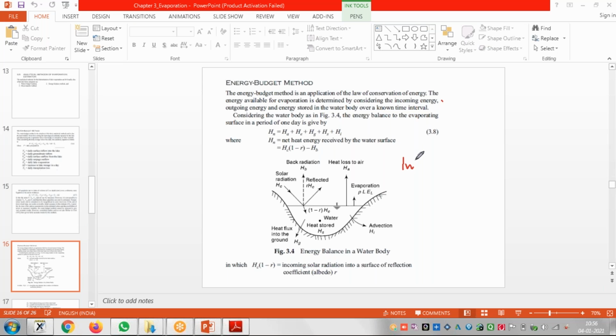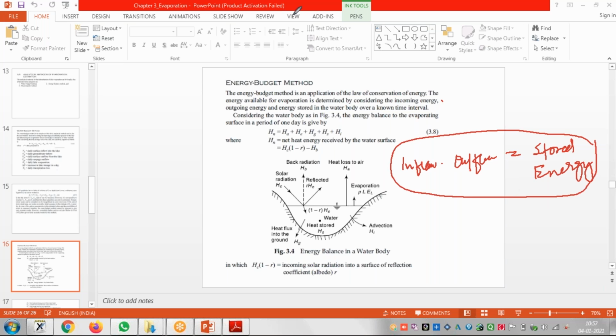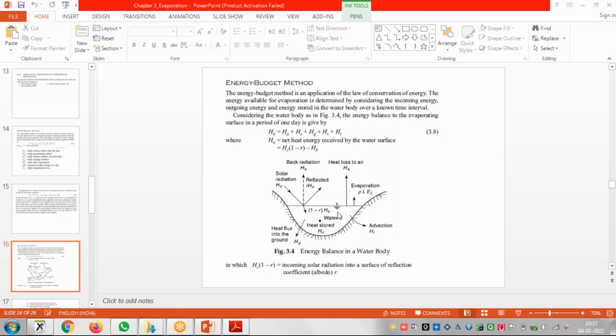So here, whatever the inflow energy minus outflow energy is equal to the remaining or stored energy. This is the principle, right? This is the same as we have seen above in the previous method.